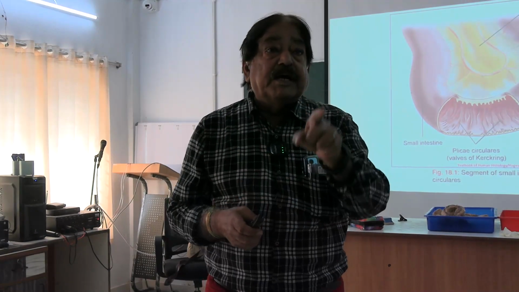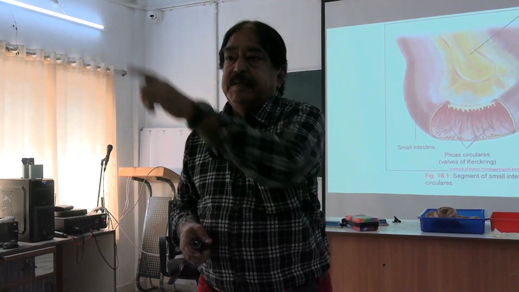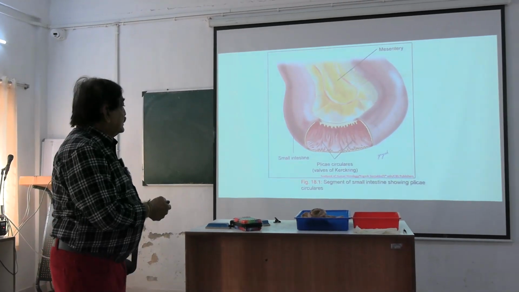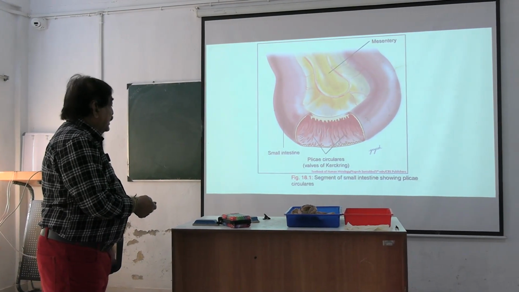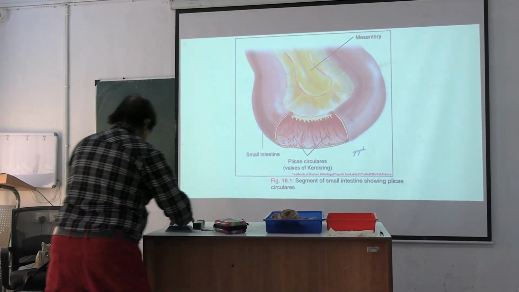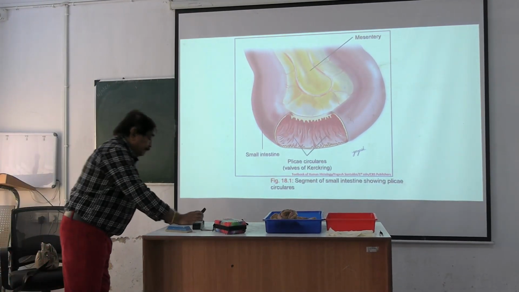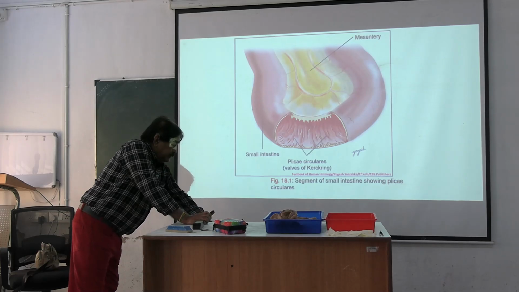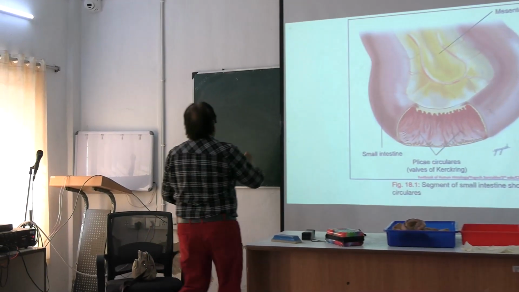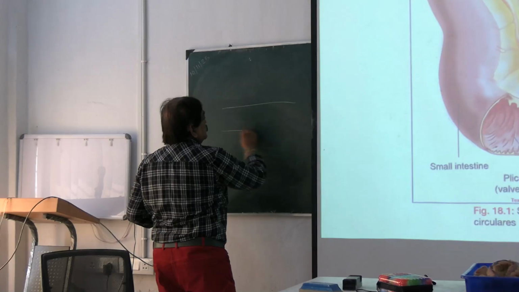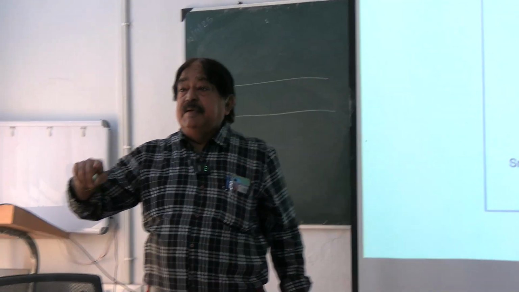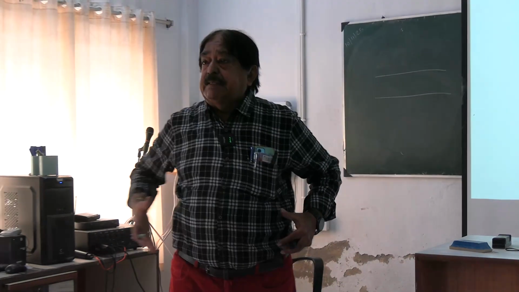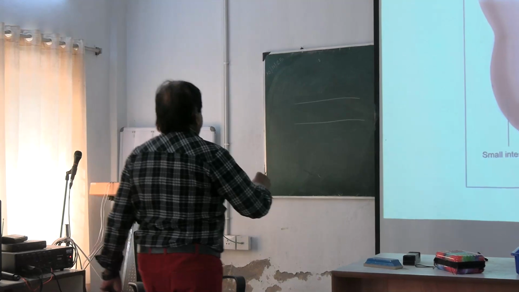So the surface area is increased. If it is straight, then 6 meters would have become 8 meters. But what is happening?